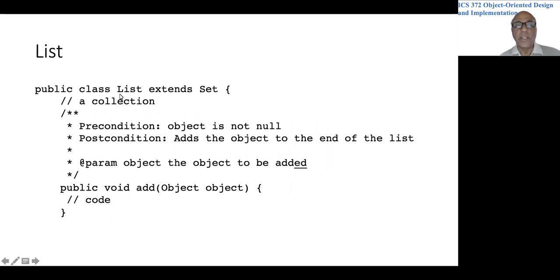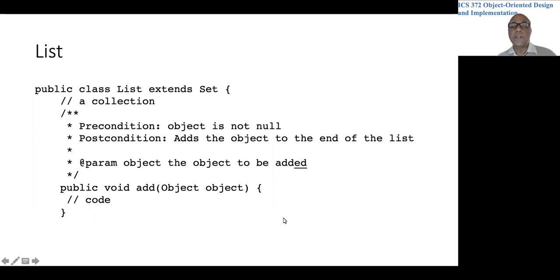So the list is now going to override the methods of set. Here is the override for add. And what we are saying about this add is the precondition is object is not null, and the post condition is that this will add the object to the end of the list. So the list has a certain order. There is a sequence of elements as opposed to a set of elements.